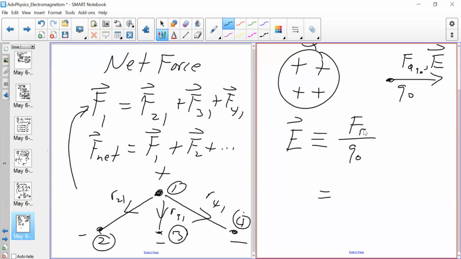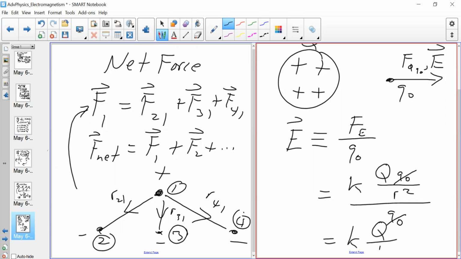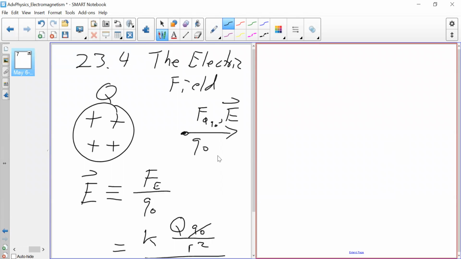We know that the electric force is K Q Q naught over R squared, over Q naught. That goes away. And so we're left with KQ over R squared. So by the equation here, the math shows that we only need 1 charge to set up an E field. I can find that field anywhere.